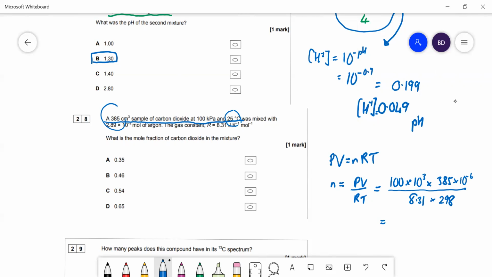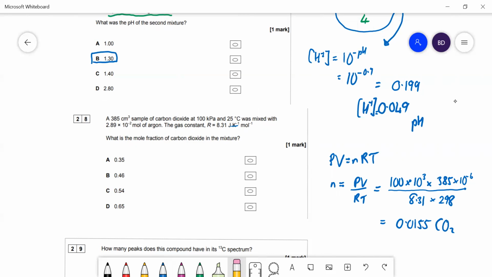So let's work out the number of moles, and that gives us 0.0155 moles of CO2.